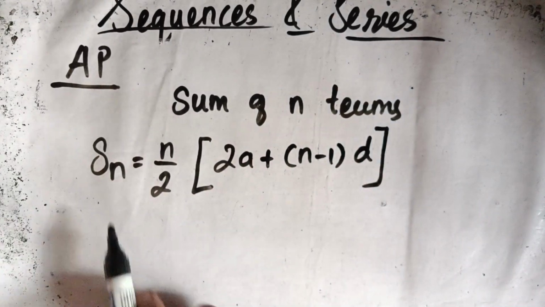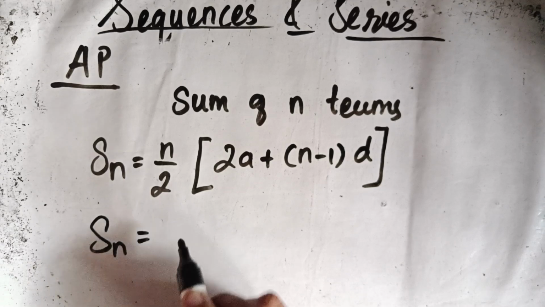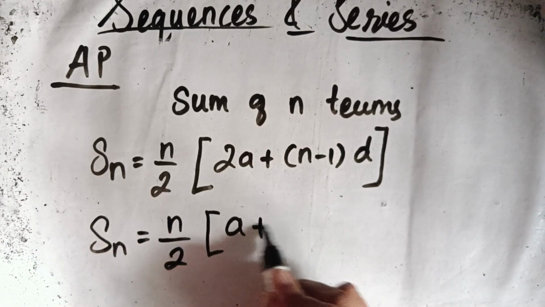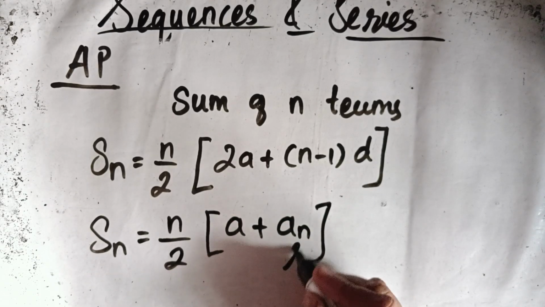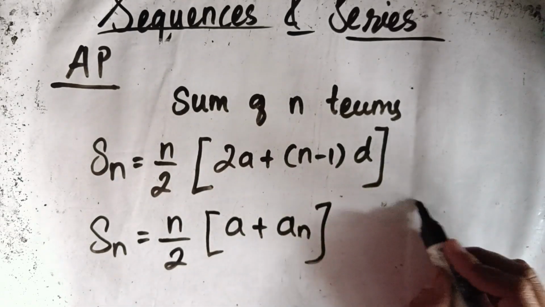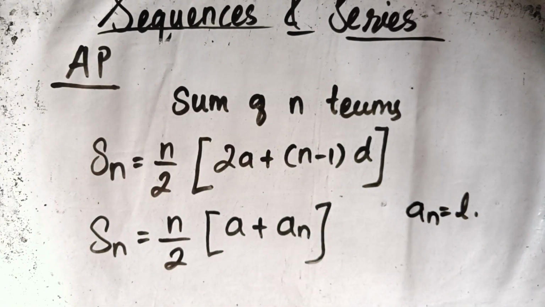Okay. This is the first formula, and the second formula is Sn equal to n by 2 into (a plus an). In place of this an, we can also write L. You can use L also. an is the same as L, which is the last term.